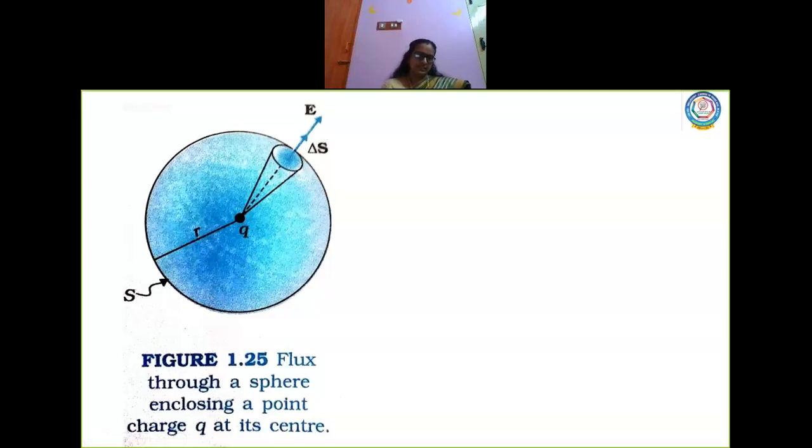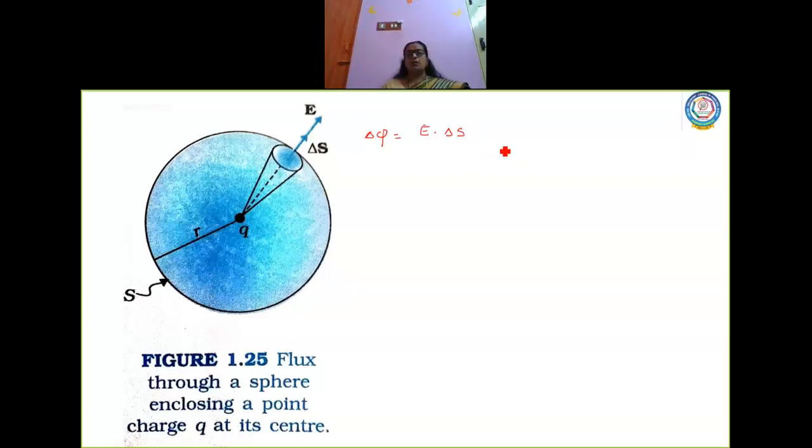And you consider a small area element del S, right? So what is the flux through this area element? I will write the flux as del phi equal to E dot del S. This is the formula for flux. We have already read this formula in electric flux. Hope you remember this, right?